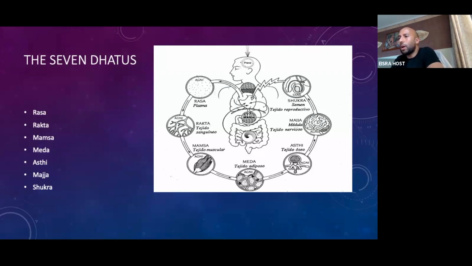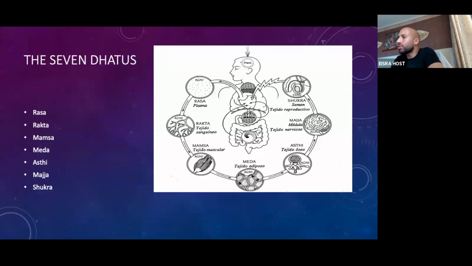So I will give a small translation of each of these categories of tissues. Rasa means fluid or juice, the fluid aspect of the body. In many Ayurvedic textbooks, rasa is often translated as blood plasma, the fluid medium of the blood.